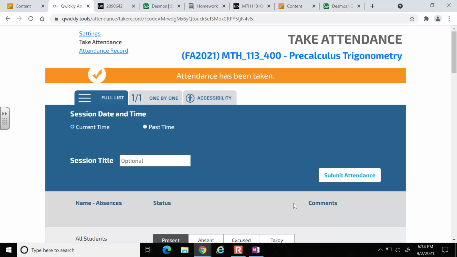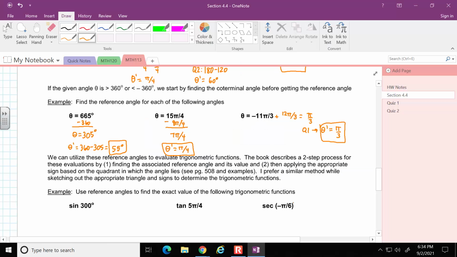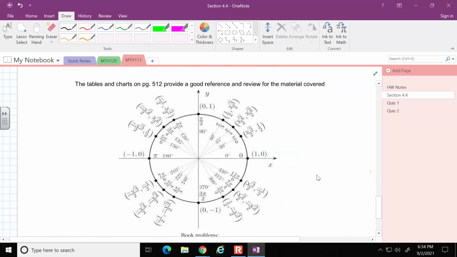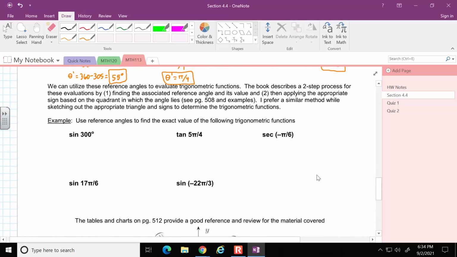So this is really the meat of the section, this next few questions here. There are different ways to do this. The book is going to go through a process in which they say, all right, determine the reference angle, determine what sign your function is going to have based on that reference angle, and then plug in the value that you know between 0 and 90, basically.